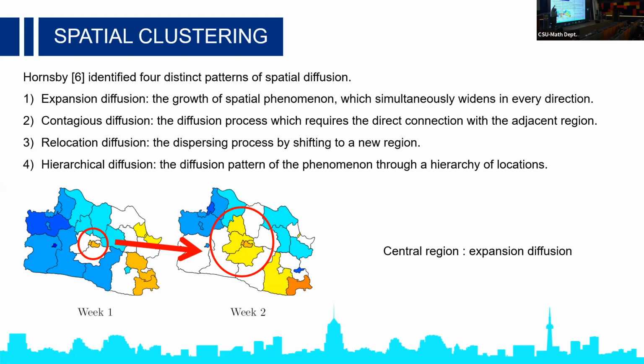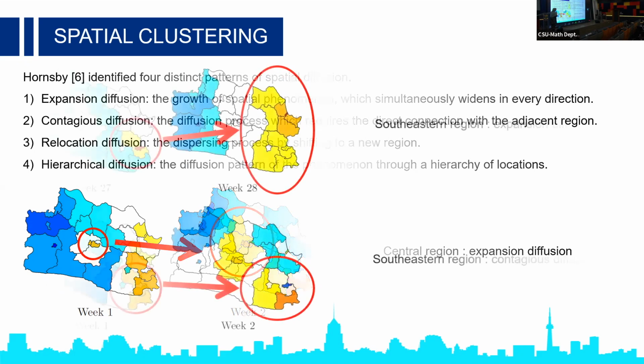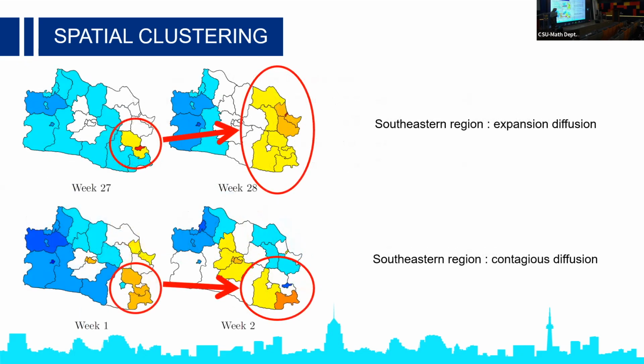And this is for the southeastern region, also expansion diffusion. In week 27, Banjar is in very dangerous red. Then in week 28, it influences other regions. So this is expansion diffusion.